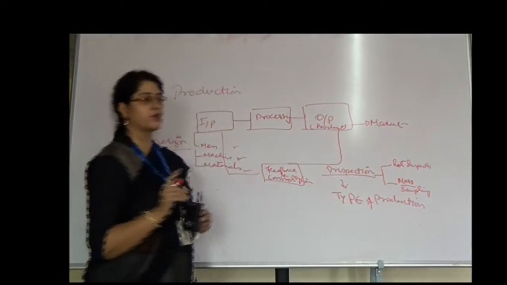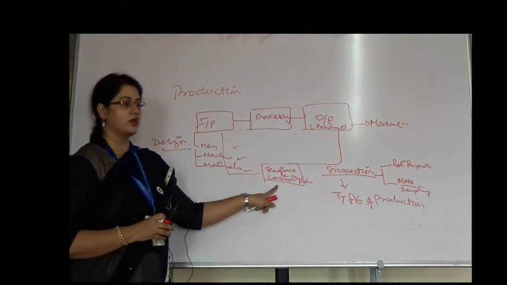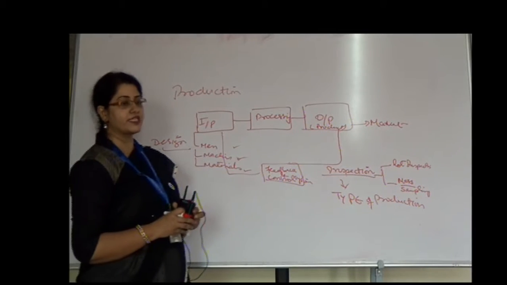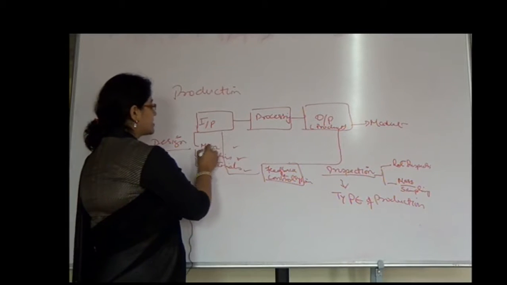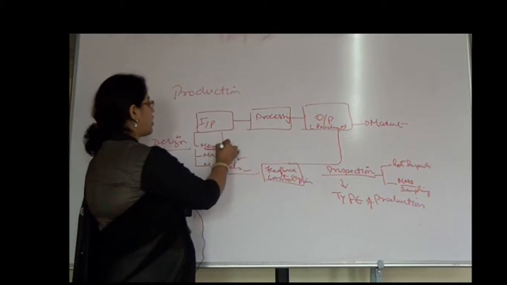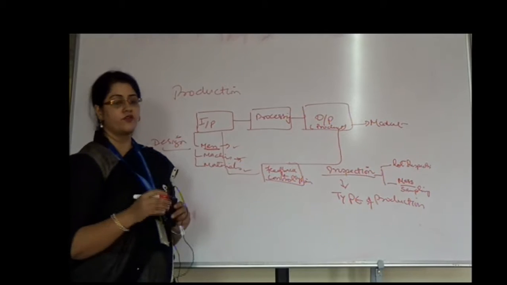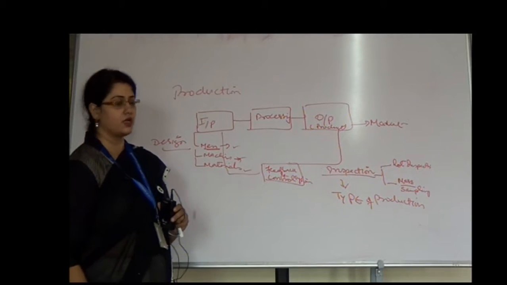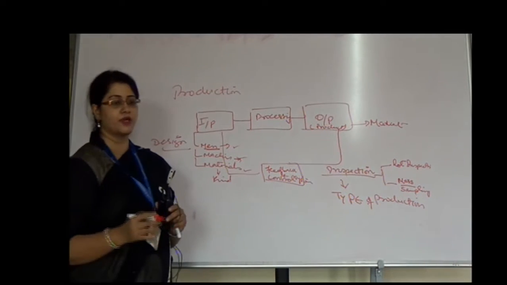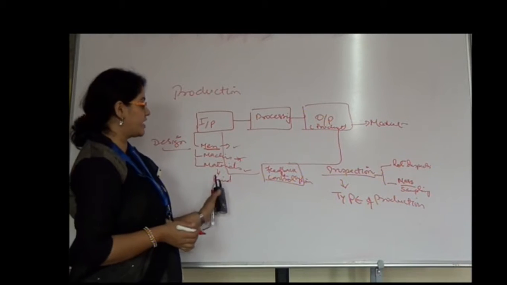Now suppose this product is not okay, we need to refine it, then it again goes to the feedback and control, and it again goes to the input, and we will see what kind of persons are working on it, whether the task assigned to the operator is up to the mark or not, how many machines are involved, which machines are new, which are old, and what kind of material is involved, whether we have purchased material that is up to the mark or not, or we need to refine certain other material.